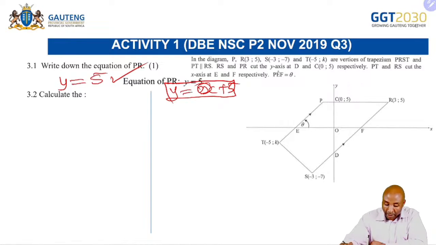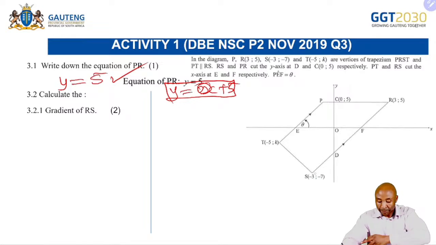3.2. It says calculate the following: the gradient of RS. So we have the point R and the point S, and we are going to use our gradient formula.